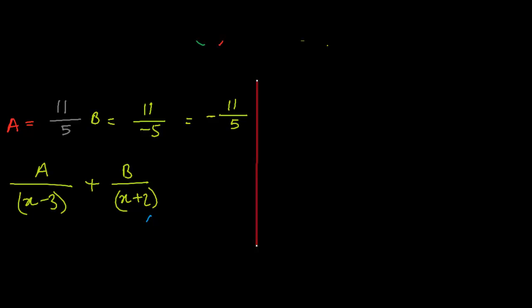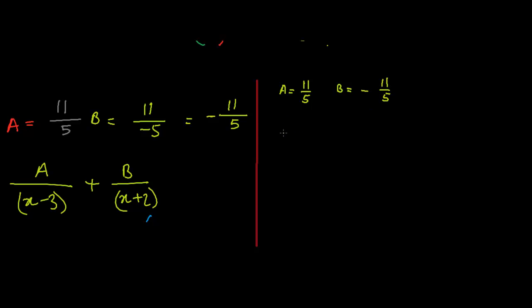Okay. So, we need to remember A is equal to 11 over 5. B is equal to negative 11 over 5.